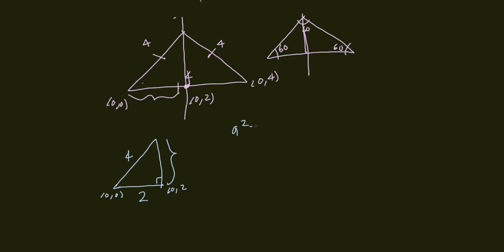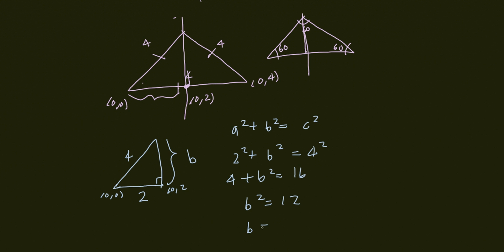So it's a squared plus b squared equals c squared. And I would just say a is 2, and then b squared, because we don't know what b is, that's b. And we know what c is, so it's c squared, and let's figure this out. 4 plus b squared equals 16, and then b squared equals 16 minus 4, which will give us 12, and then b is the square root of 12.